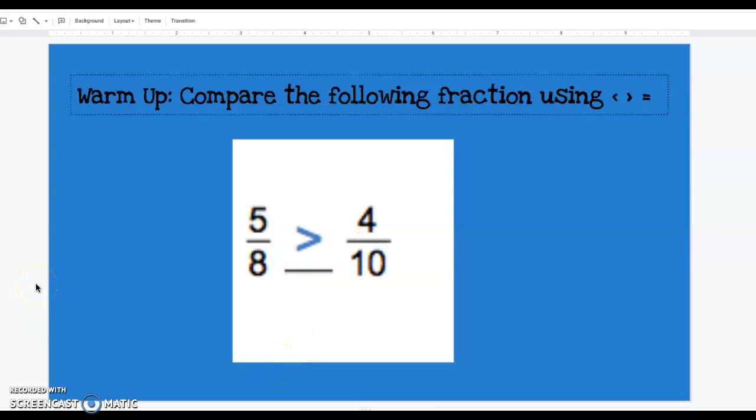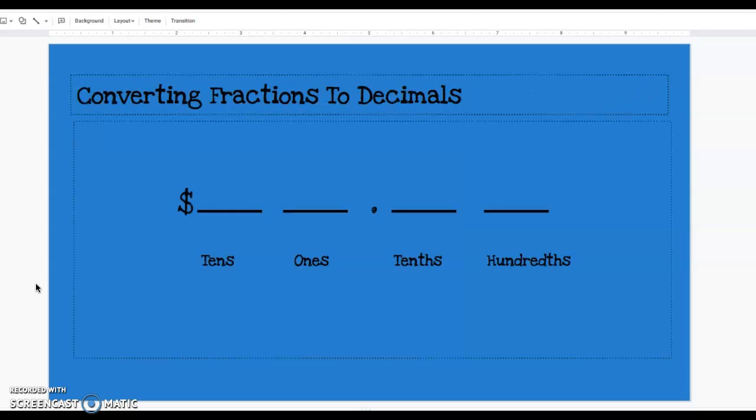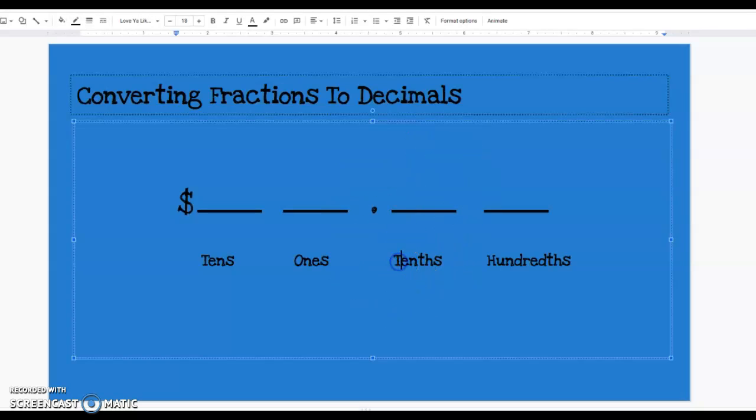Nice work. Today, though, we're going to be working on converting fractions to decimals. When working with decimals, I always like to think of money. The first digit to the right of the decimal point represents tenths. 10/10 makes a whole.